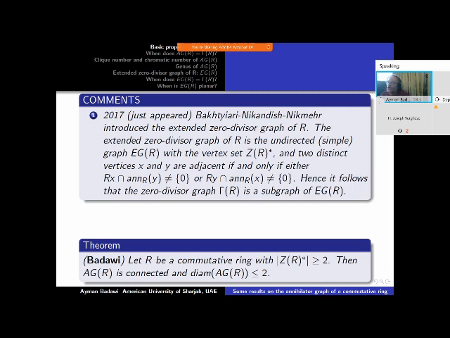The same thing, it's an undirected simple graph. The vertices will be the non-zero zero divisors of the ring.